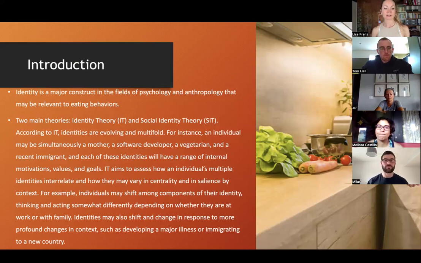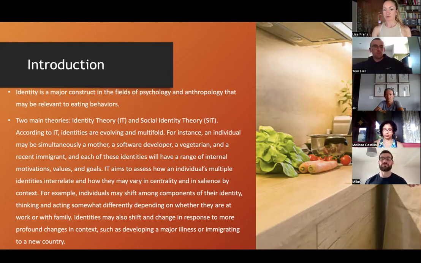For example, individuals may shift among components of their identity, thinking and acting somewhat differently depending on whether they are at work or with family, and identities may also shift and change in response to more profound changes in context, for example, developing a major illness or immigrating to a new country.